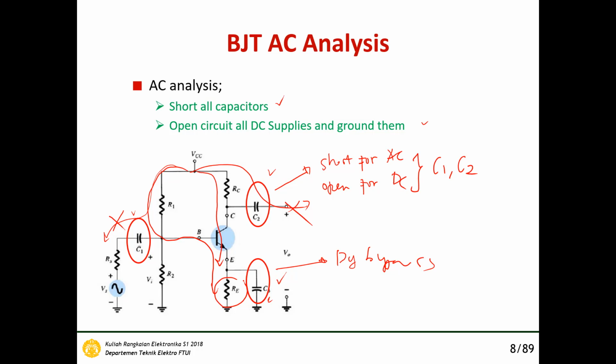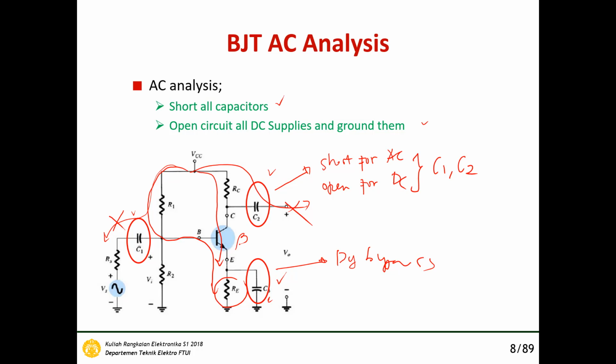So maybe you remember, if we put the emitter resistor here and change the beta of the transistor, the collector current IC will change only a little. But if we didn't put the emitter resistor here and change the beta, the collector current will change drastically. So we put the emitter resistor here to stabilize the collector current if the beta is changed.